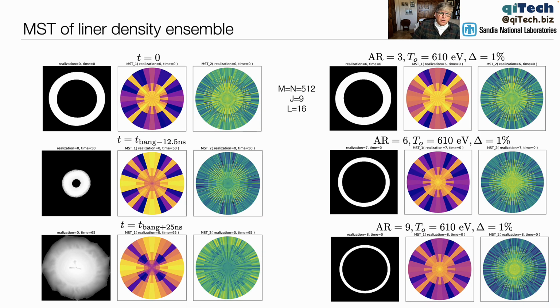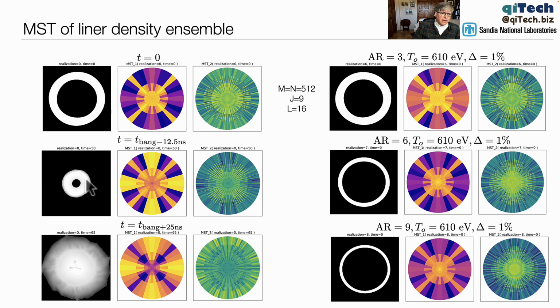This slide shows the characteristics of the distribution. What is shown on the left-hand side is the initial liner perturbation for each realization, as well as the first and second order Mallat Scattering Transformation of that.